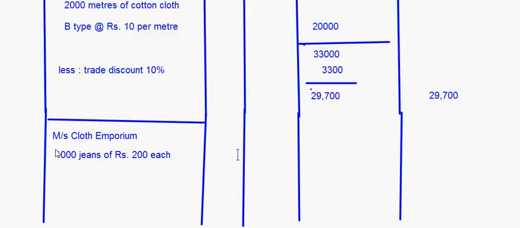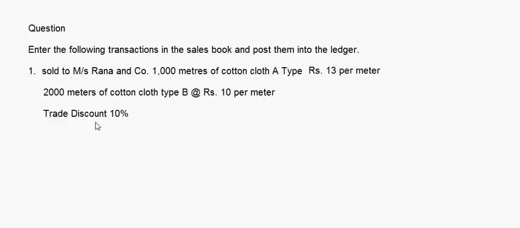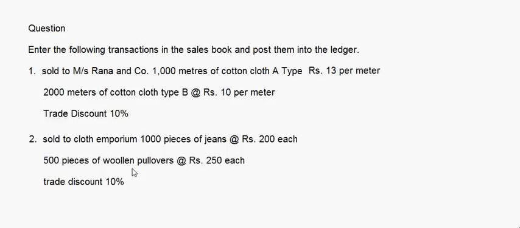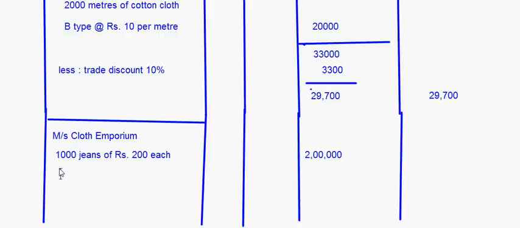So that is 200 into 1000, which is 2 lakhs. And then you have 500 pieces of woolen pullovers at rupees 250 each, right? 500 pullovers of rupees 250 each.